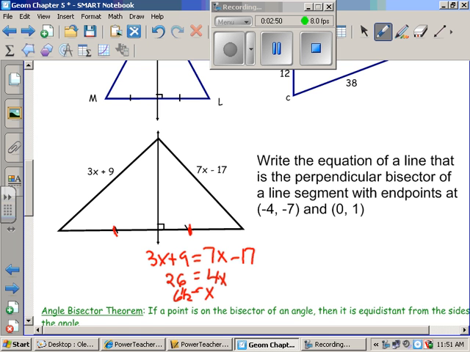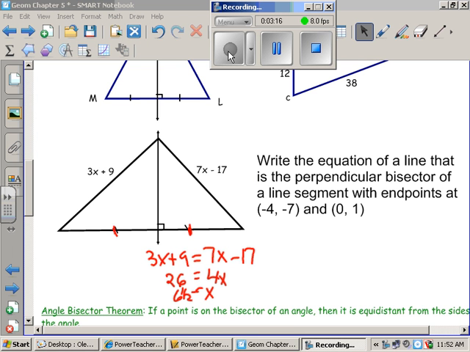Now for the last one, we want to write an equation of a line that is a perpendicular bisector of a segment whose endpoints are at (-4, -7) and (0, 1). There are two things I need. To write the equation of a line, I need a slope and a point on that line, and I could use point-slope form.